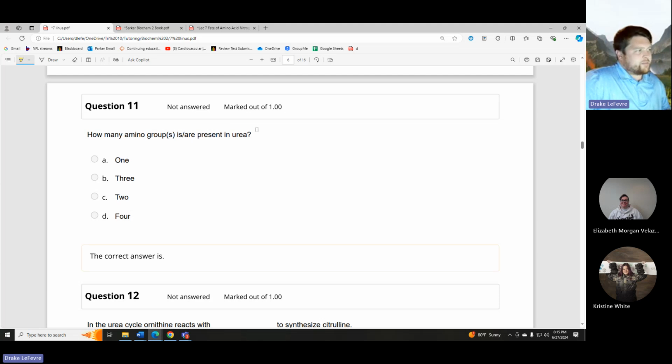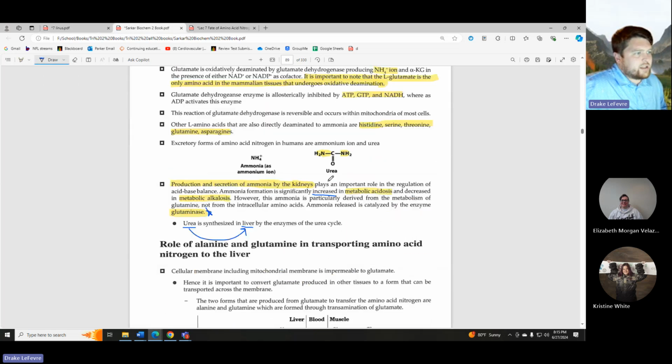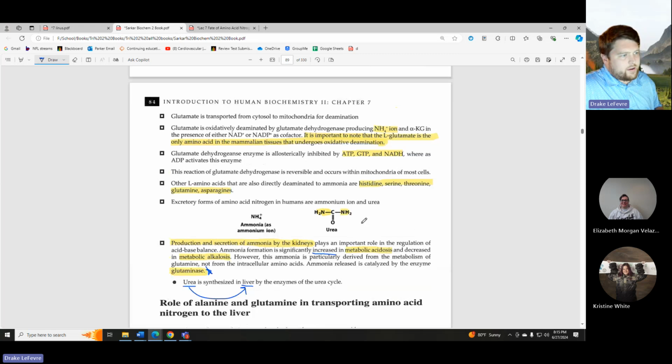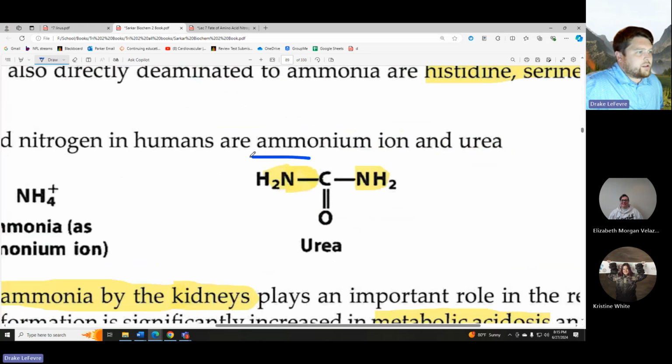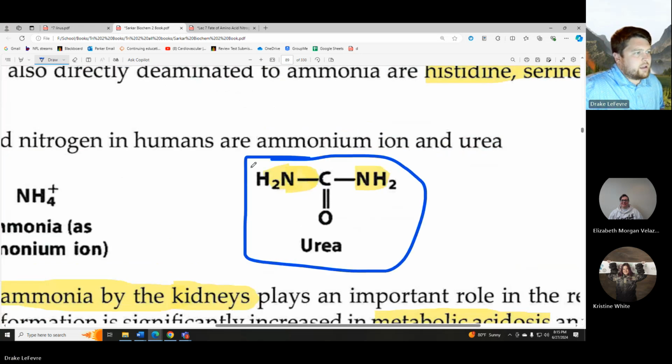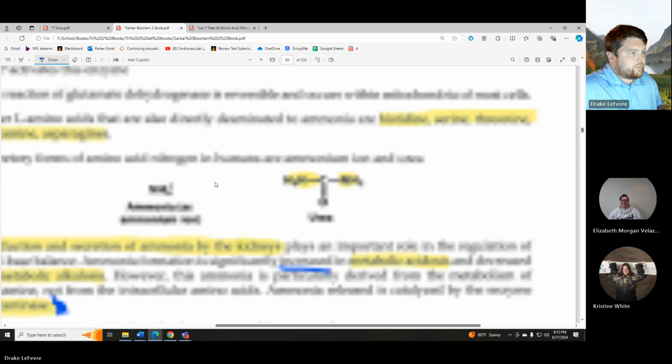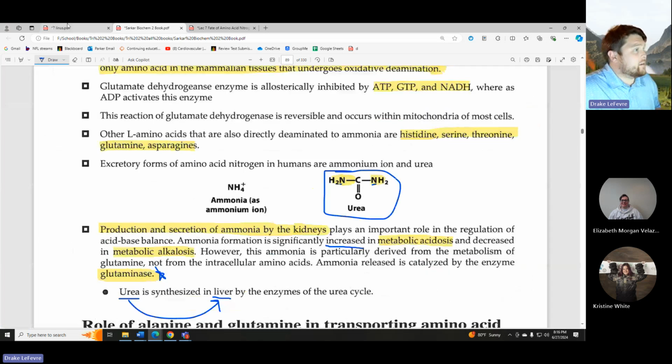Next question. How many amino groups are present in urea? This is what our urea molecule looks like. H2N-C-NH2 with an O. So we have 2 nitrogens per urea molecule.